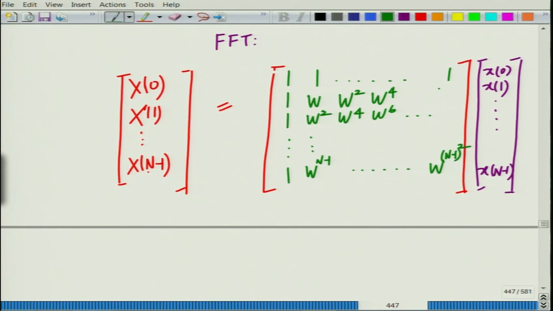For instance, the entry here will be W raised to the power of N minus 1 and so on, and you can fill the rest of the entries, and this is an N cross N matrix corresponding to the N dimensional FFT.